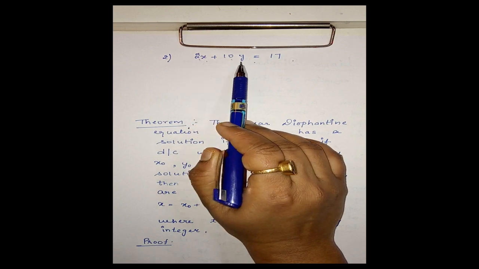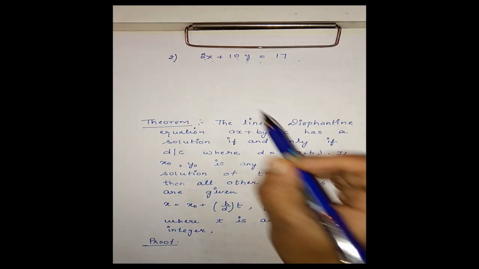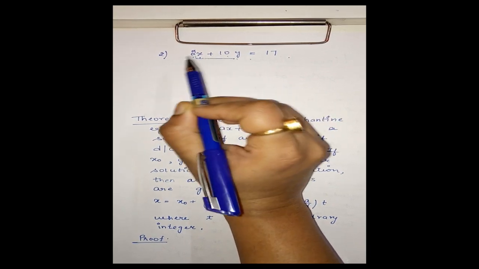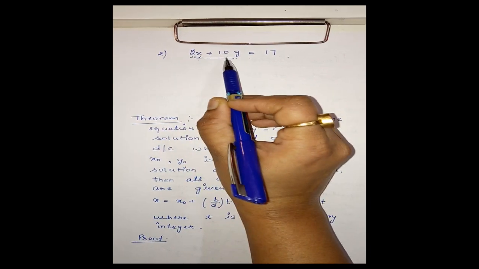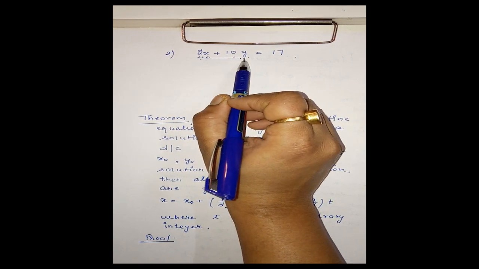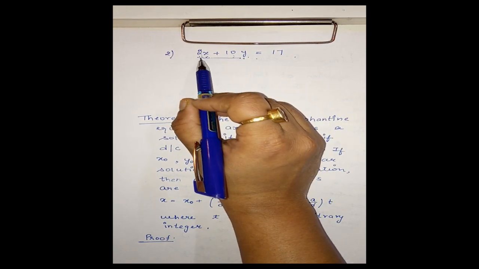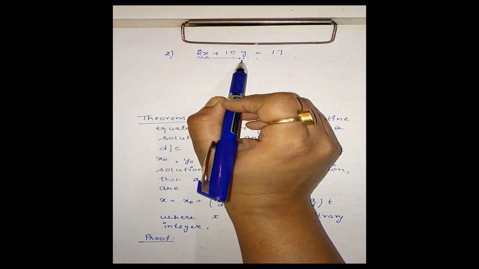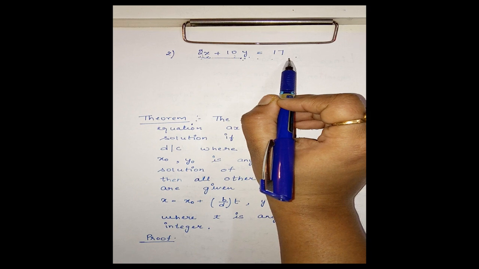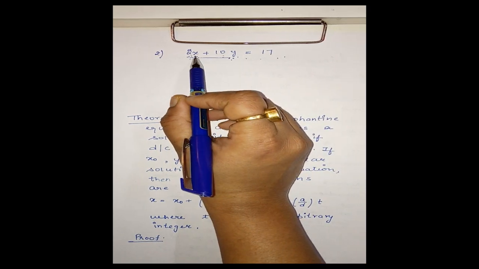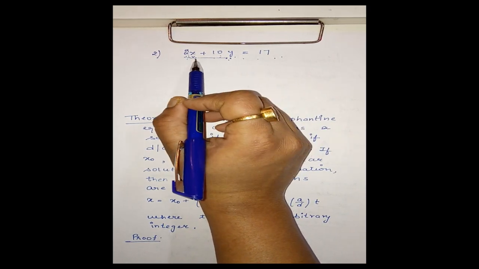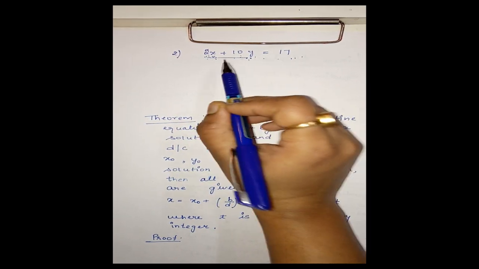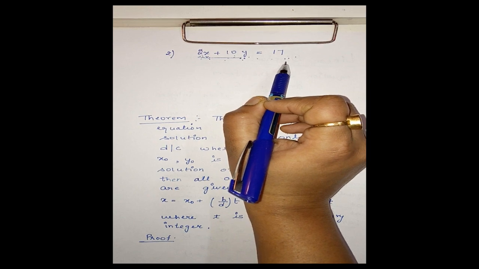Now this equation has no solution, since the left hand side is 2x plus 10y, a multiple of 2 is even, a multiple of 10 is even, and the sum of two even numbers is even again. That means the left hand side is always even, whatever the values of x and y we take. But the right hand side is 17, which is an odd number. Means for every value of x and y, the left hand side is going to be even always, but the right hand side is odd always. That means this equation has no solution.